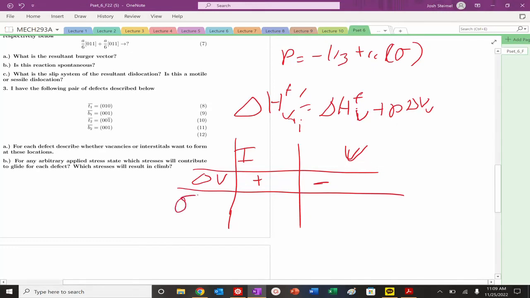So when our stress is in tension, that leads to our pressure being negative. When our stress is compressive, our pressure is positive. And you can kind of see how that effectively works out as well.